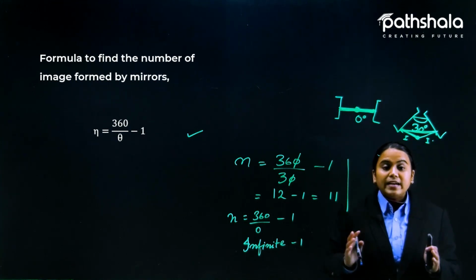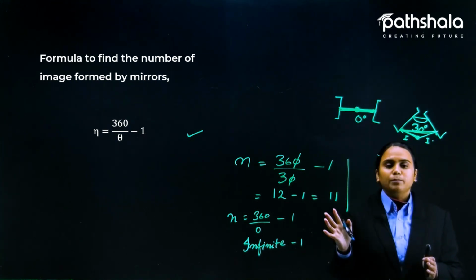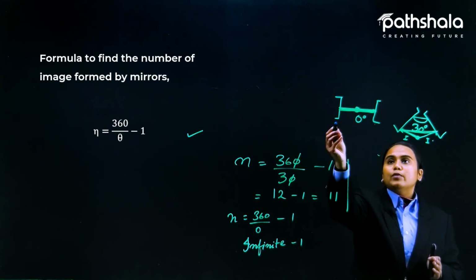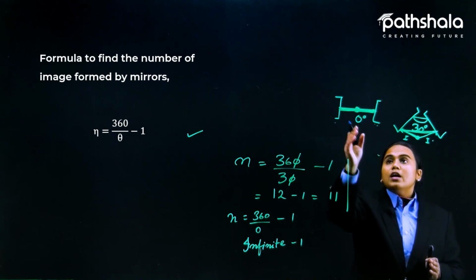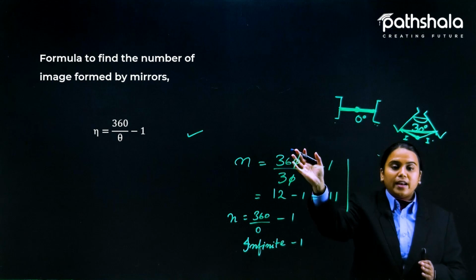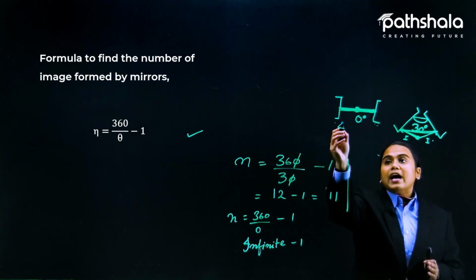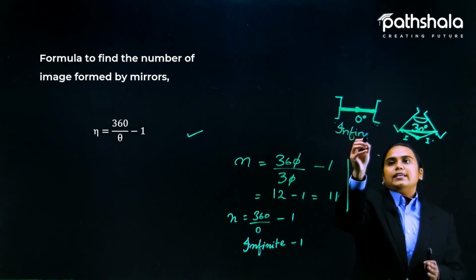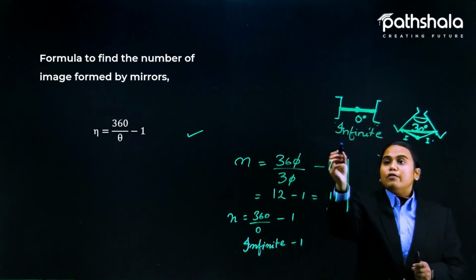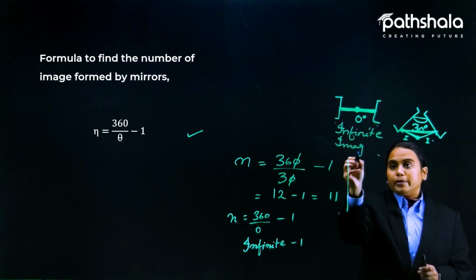We do not know. Infinity means anant, which never ends. So when the angle between the two mirrors is 0, the reflection and incidence would go on again and again. That would give you infinite images in this case, and you can perform this experiment at your home also. Okay, infinite images would be a large number.